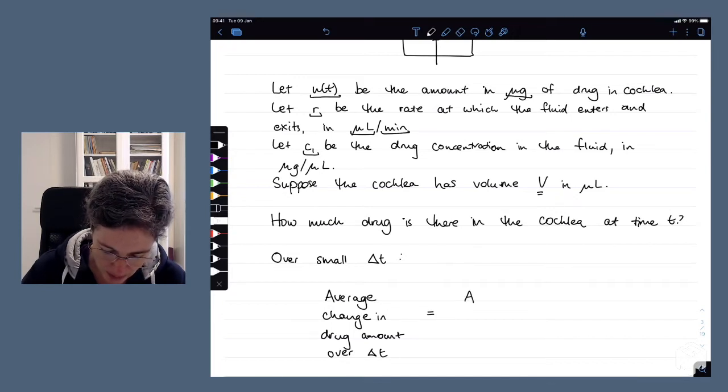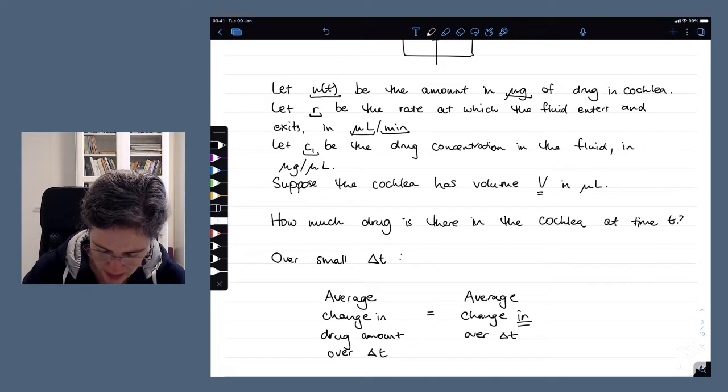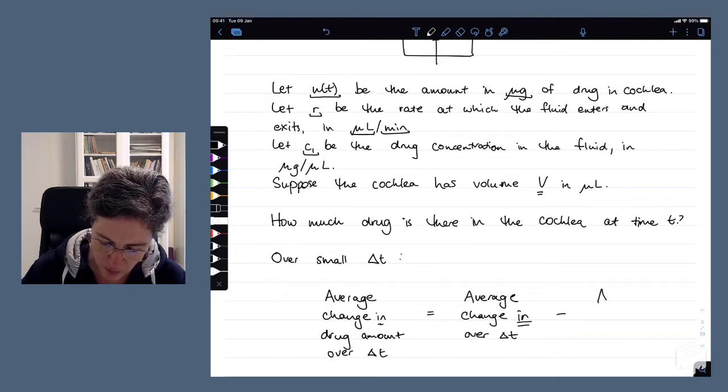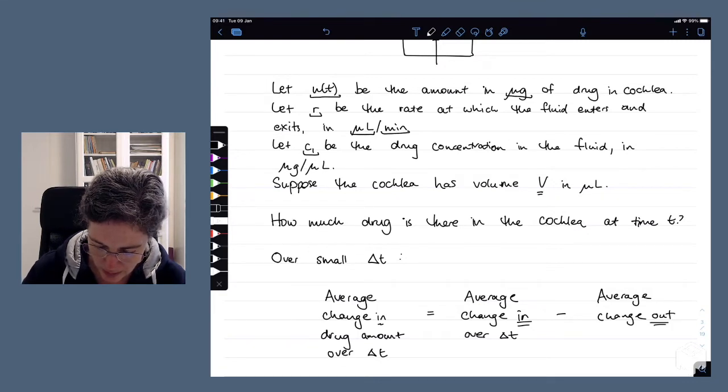So we're going to have that our average change going in over delta t, subtracting off the average change out over delta t.